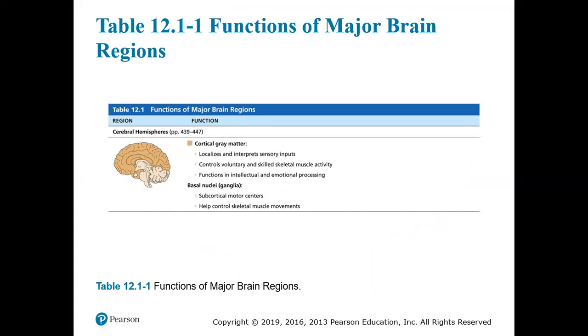Just some review of major brain regions beyond limbic and reticular formation. Remember, cortical gray matter has the role of localizing and interpreting sensory information, has the ability to control voluntary and skilled skeletal muscle activity, and also plays a role in intellect and emotions.